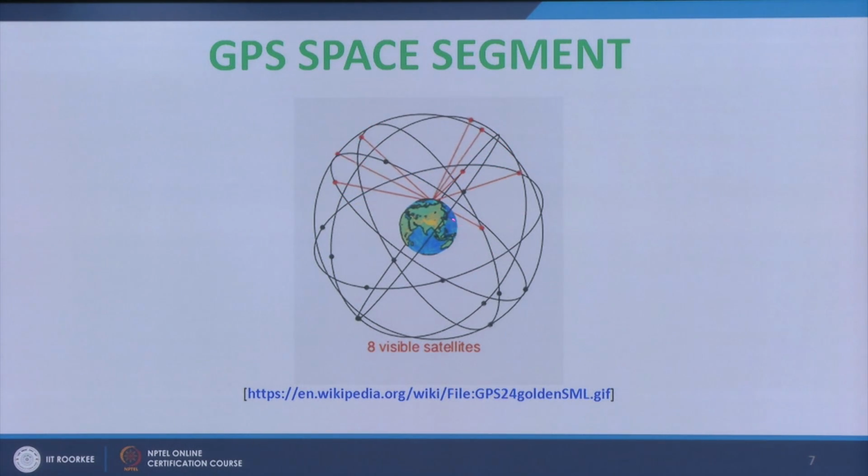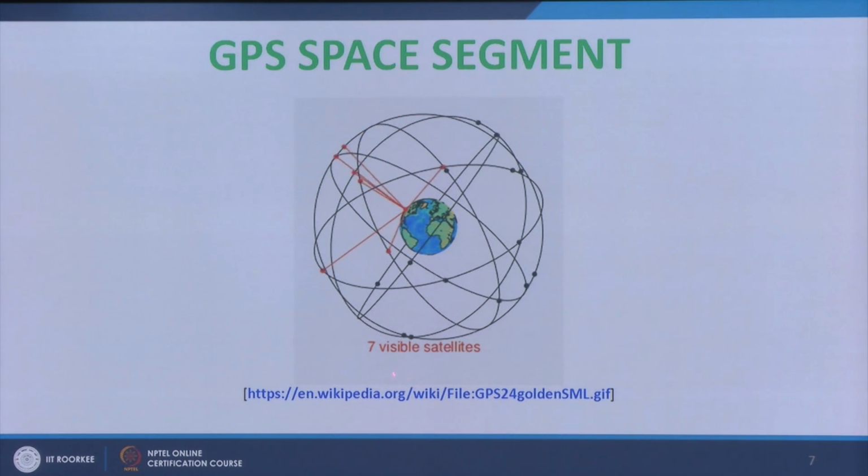And if we see, at any point on the surface of the earth at any instant of time there will be at least 4 satellites visible. That means signals from 4 satellites will be available.